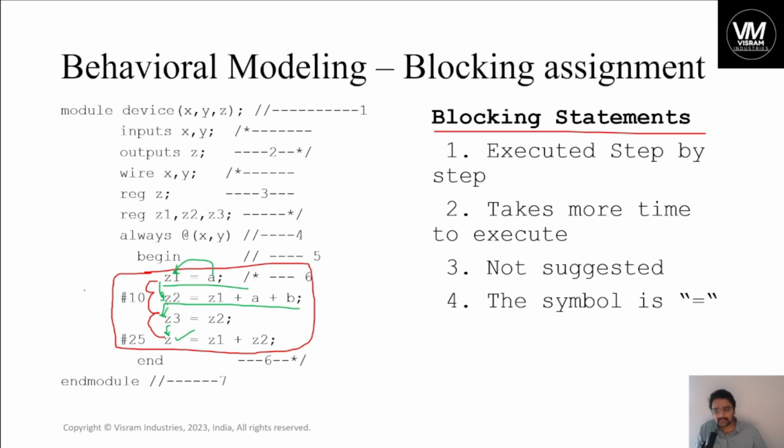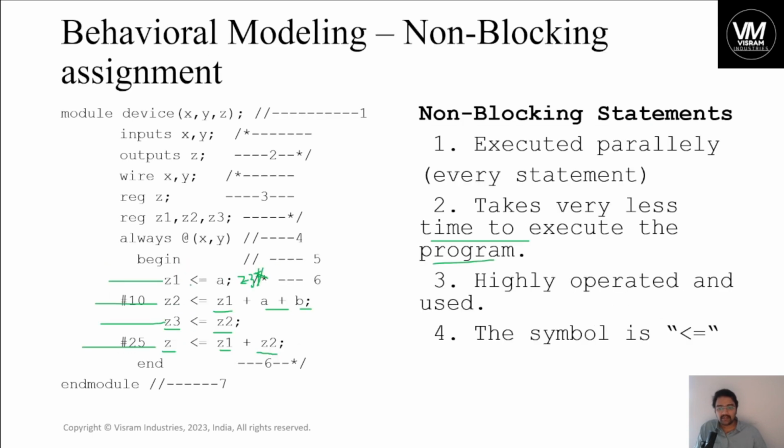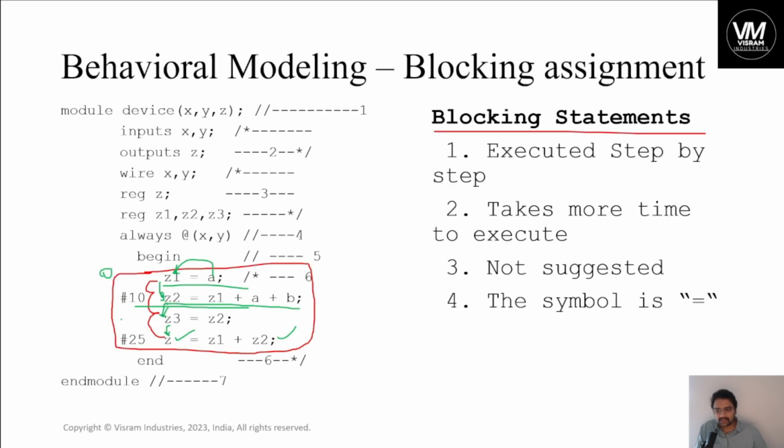So the time frame will be, first at the 0th nanosecond, then after 10 nanoseconds it will take this, and then after the execution of this it will be 10 plus 25, so 35 nanoseconds.